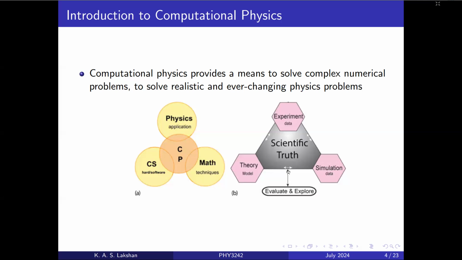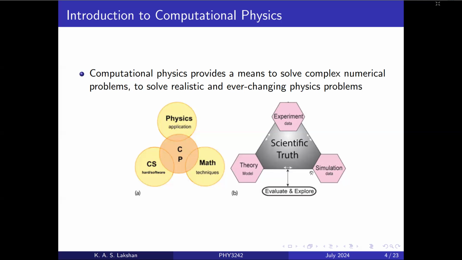For those, scientists will conduct experiments, and using the experiments they will obtain data. In your laboratory sessions, you are conducting experiments and obtaining data. Then you also have theory, using equations and other concepts.